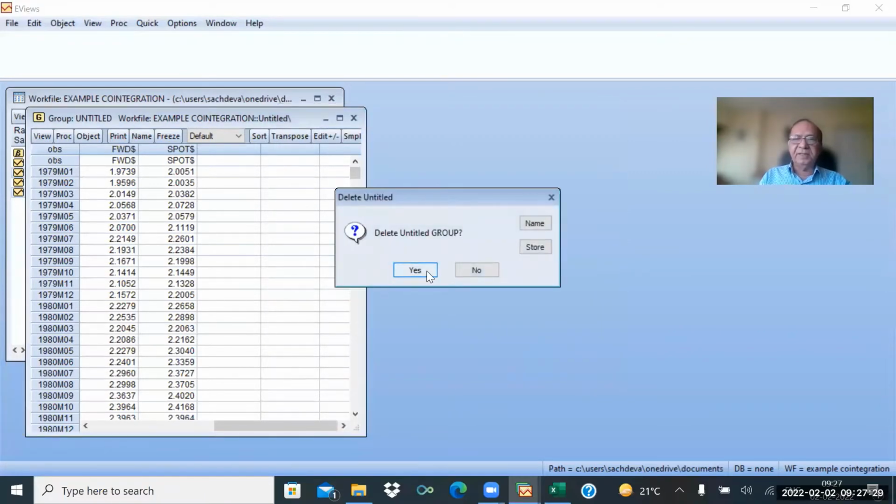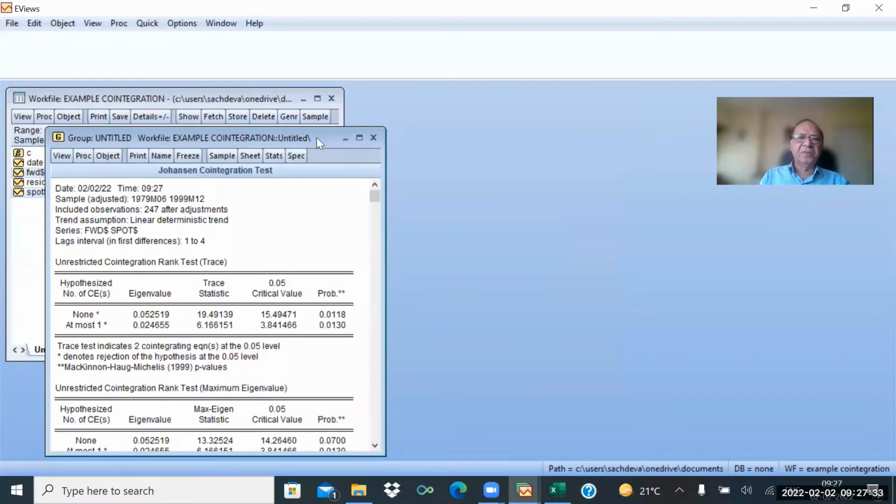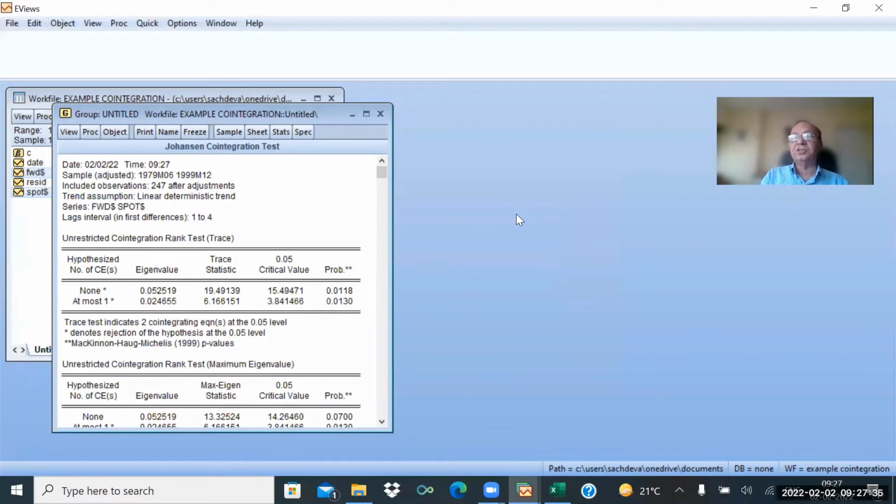Now it asks me to delete the untitled group. You say yes. So it is now giving me the results of Johansen's cointegration test. It tests from two points. One is eigenvalue and the second is trace statistics.